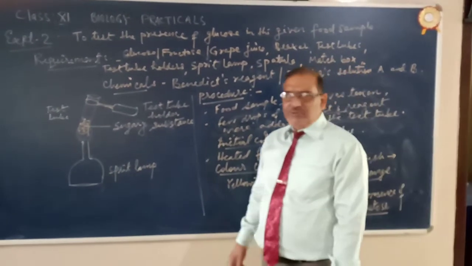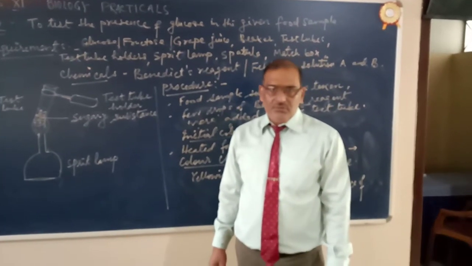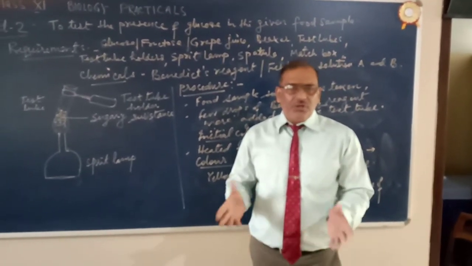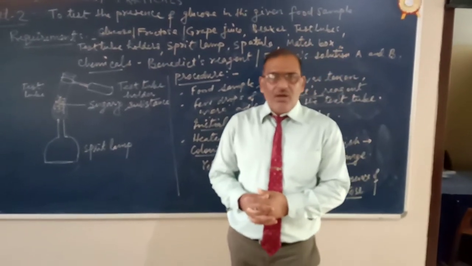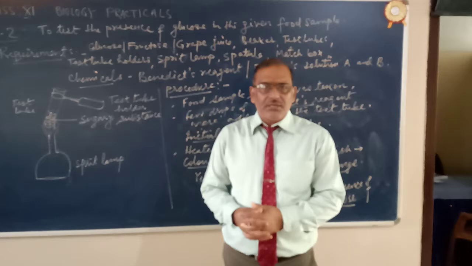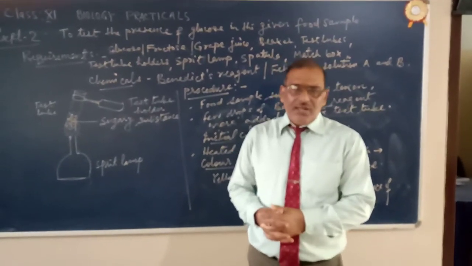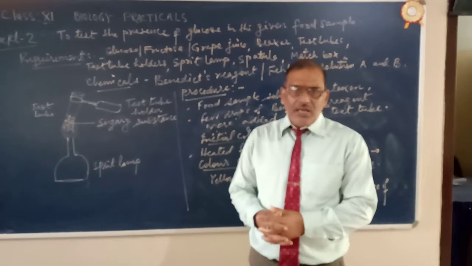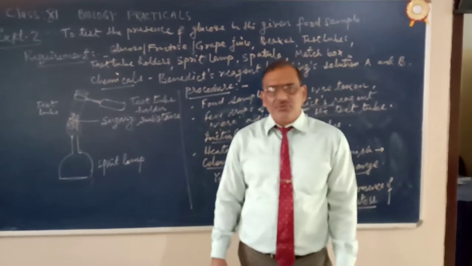There are two types of sugars, reducing sugar and non-reducing sugar. Non-reducing sugar does not give the Fehling or Benedict test, while reducing sugars give the Fehling or Benedict test. Later on I will discuss the difference between these two types of sugar.